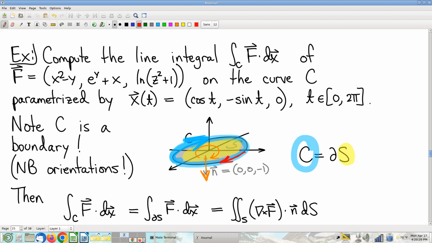So this surface orientation induces the correct orientation on my boundary curve, and therefore with this downward surface orientation, indeed this is a boundary.